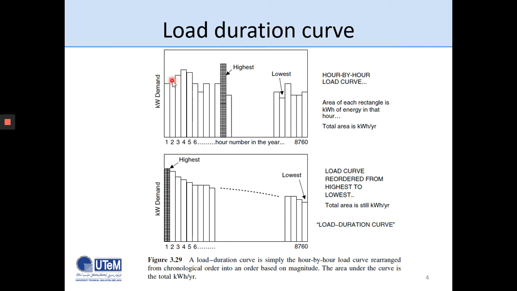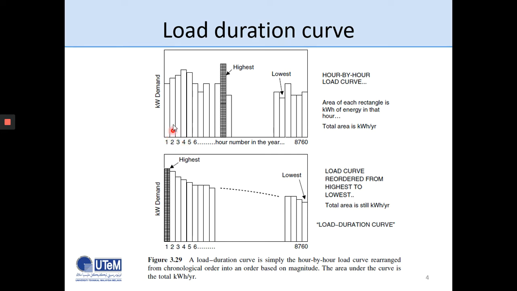So we will have 8,760 bars, and each bar will represent the amount of energy that is going to be used at one specific hour. Now first, we will have the figure on top here, where we arrange according to chronological order. So chronological means time-based.